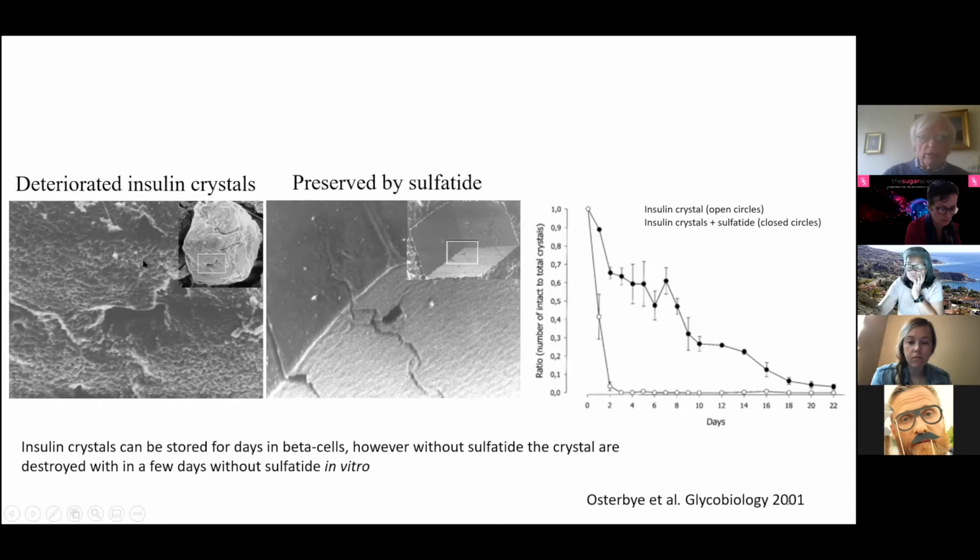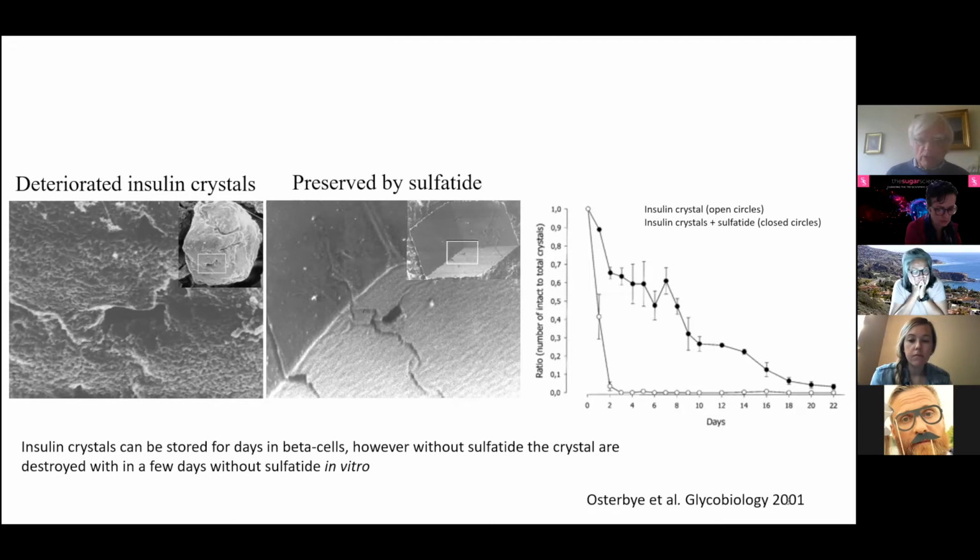But when there's no sulfatide, the insulin crystal deteriorates within 2 days. So sulfatide plays a physiological role in preserving the insulin crystals, and we have stored insulin in that way for 2 to 3 weeks.